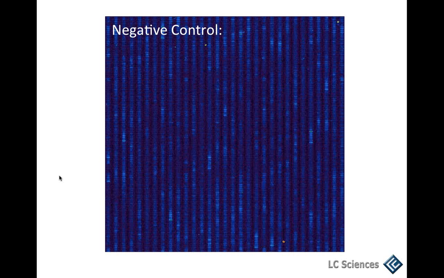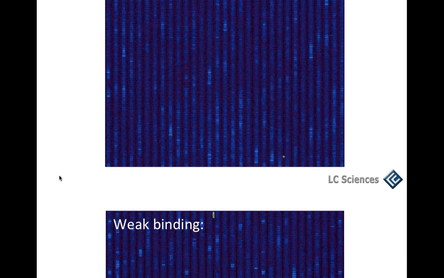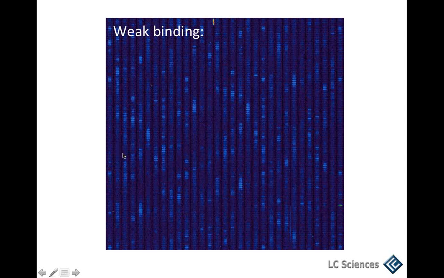Then this is the data for a weak binder. So the color code is basically dark blue is the background. It's an intensity value of 0, and bright red or orange would be the highest intensity of roughly 65,000. So what you're seeing here are just light blue spots, and you see there's an increase here and then it goes down again. So this might be an epitope, but the binding is just very weak.